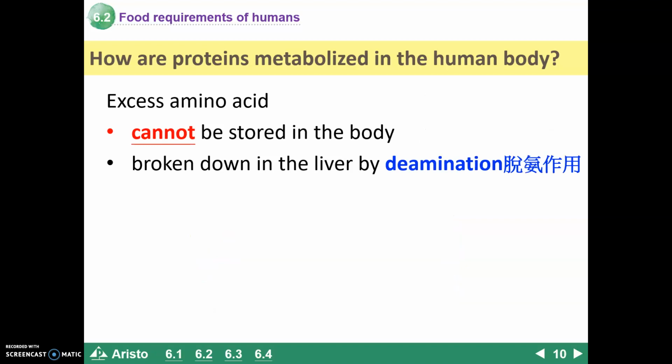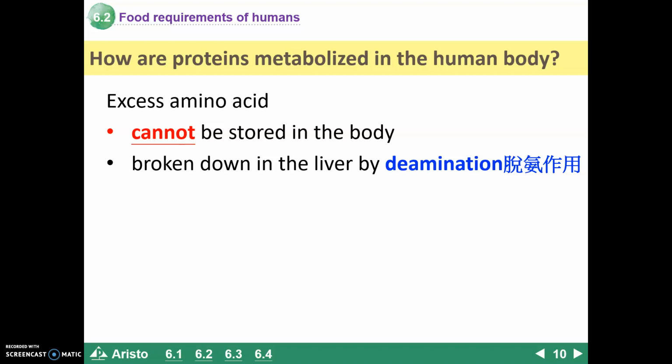If you take in excess carbohydrate, you can store it as glycogen or starch. If you take in excess lipid, it will be stored in adipose tissues. But for protein, after it is broken down into amino acids, it cannot be stored if it is in excess.